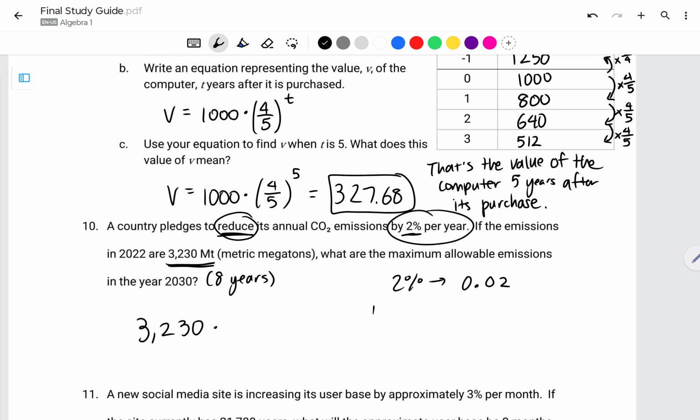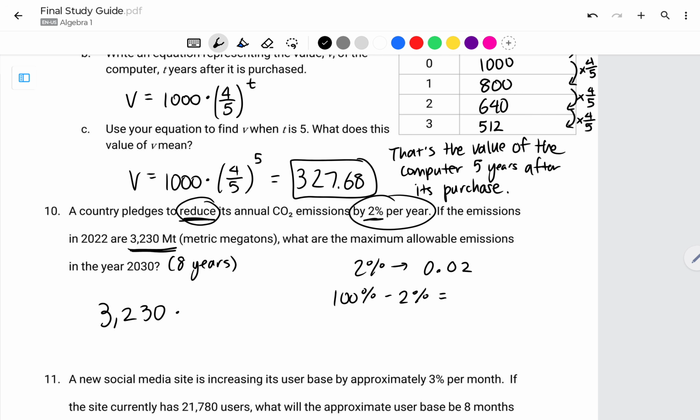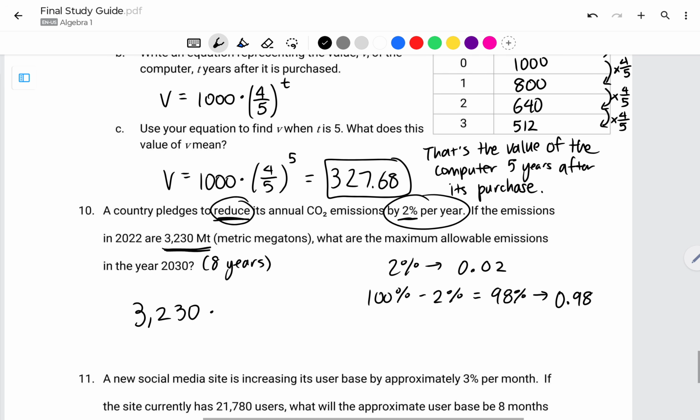So if we are at 100%, and we want to reduce by 2%, 100% minus 2%, that's 98%. So every year we want to be at 98% of the previous year. So how do we write 98% as a decimal? That's 0.98. So our decay factor is 0.98.